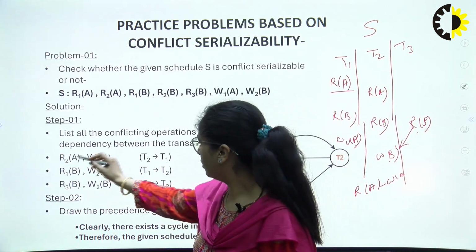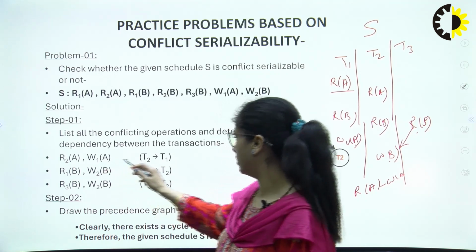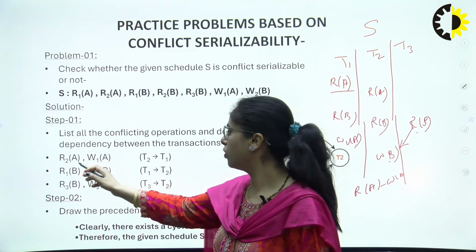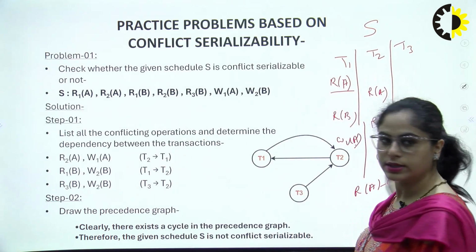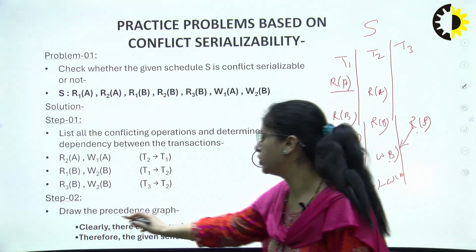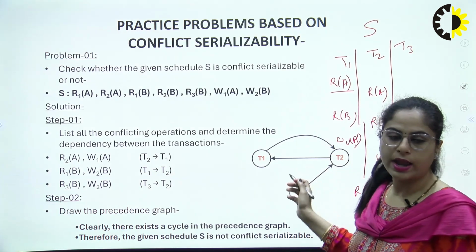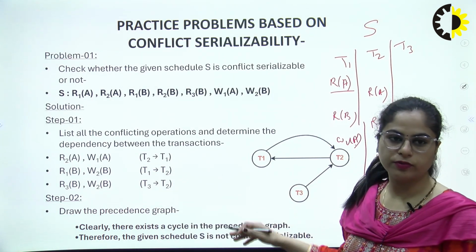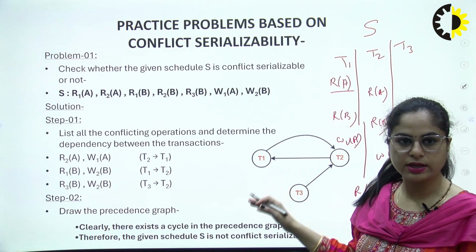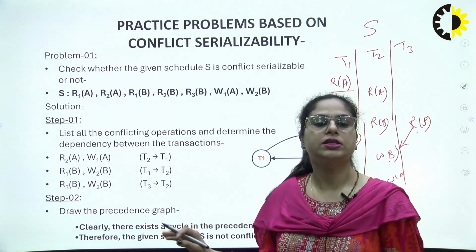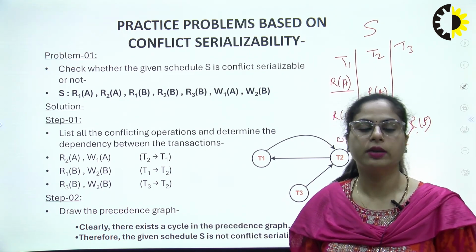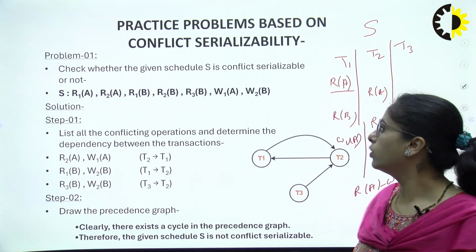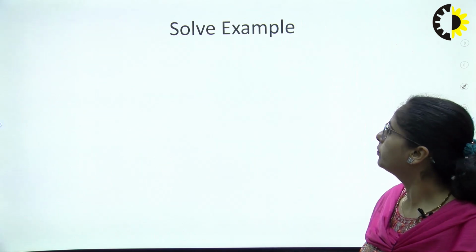Here we wrote some conflict pairs, like R2 of A and W1 of A, and we draw a precedence graph and check whether a cycle is forming or not. If a cycle is forming, the schedule is non-conflict serializable, and if a cycle is not forming, the schedule is conflict serializable.